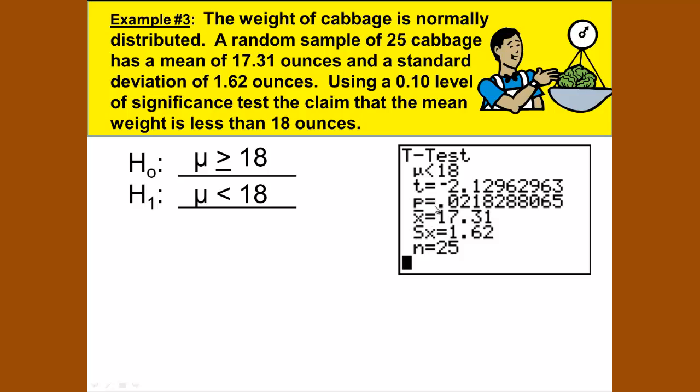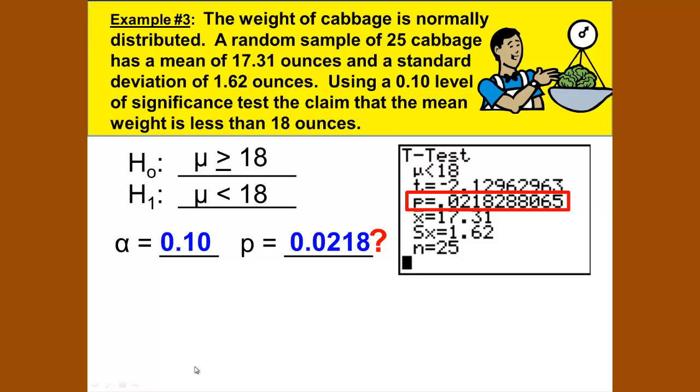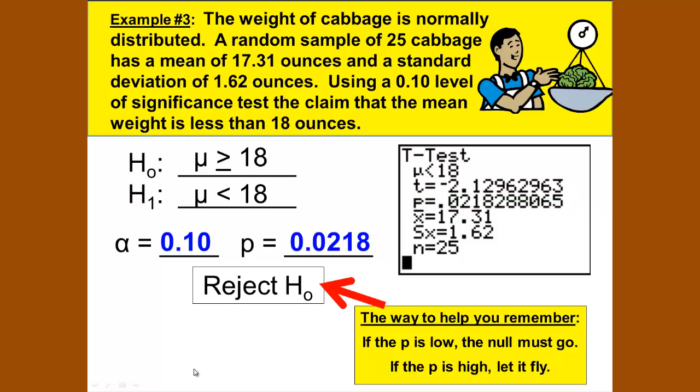Our alpha, using a 0.10 level of significance, is 0.10, and a p-value from our test screen of 0.0218. Therefore, our p-value is low.